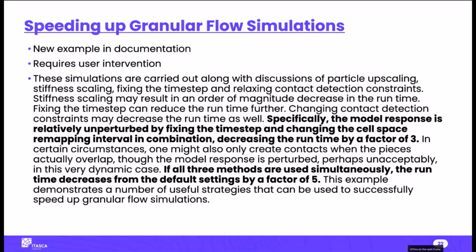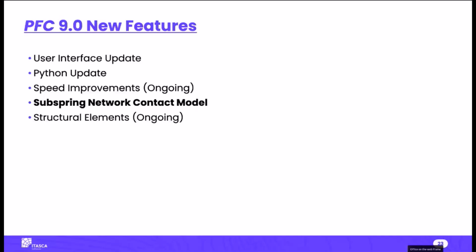What's interesting is that by user intervention, by you tuning the code, I was able to get almost the same model response but speed up the performance by a factor of 3 by changing these parameters. So I would strongly suggest taking a look at that new example and some of the new contact detection parameters which we've introduced that you can play with. But again, that requires user intervention.